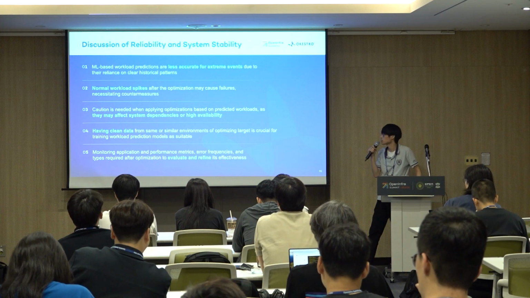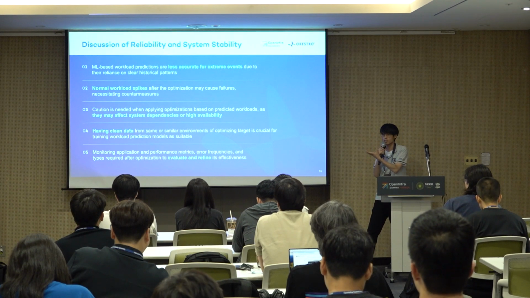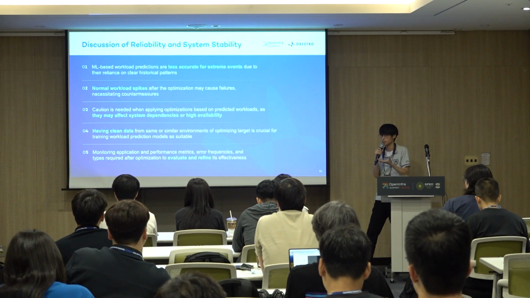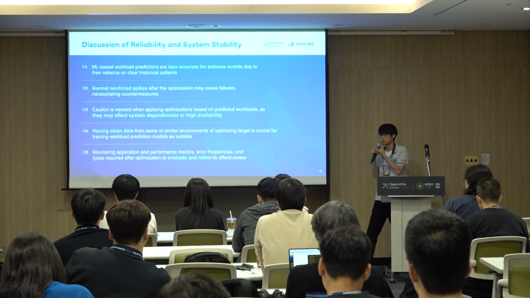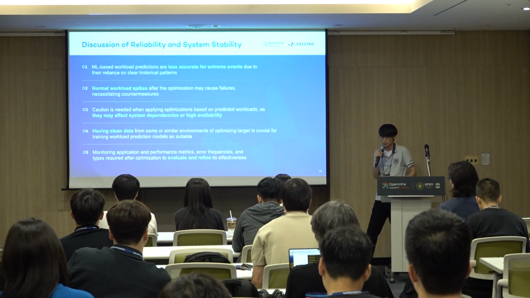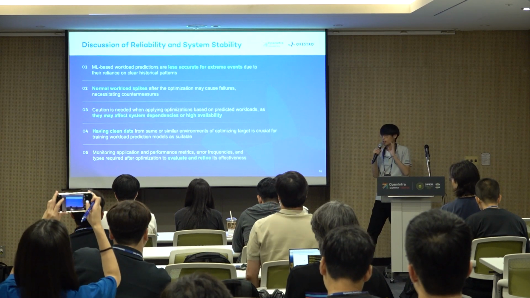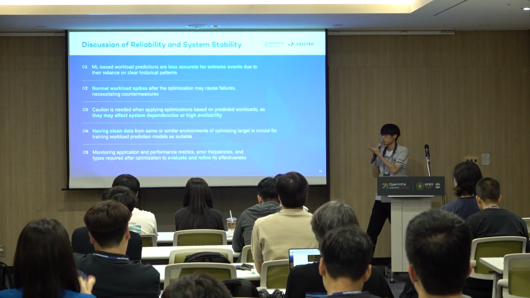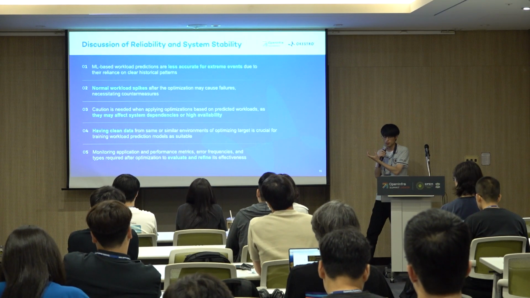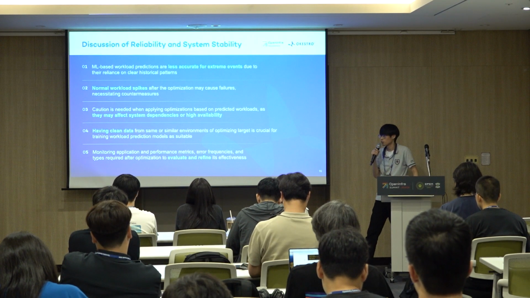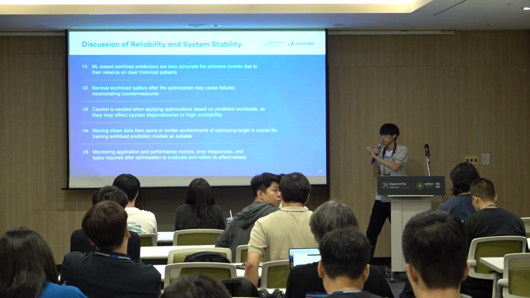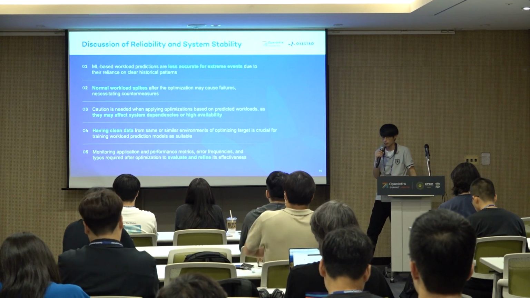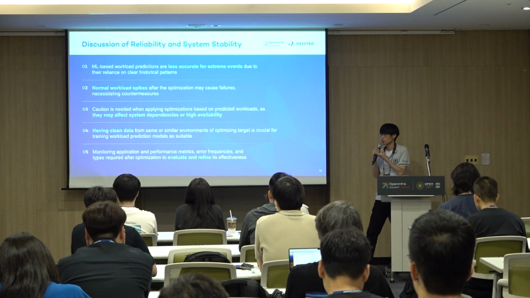Actually, the machine learning model is also trained on previous data, so even if some extreme event is not shown in previous data, machine learning models cannot forecast it. So if you rely only on machine learning based forecasting and reduce resources too much, it can lead to failure, even for a normal workload spike.